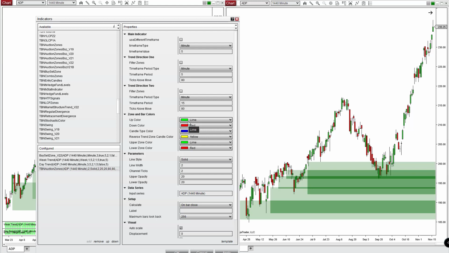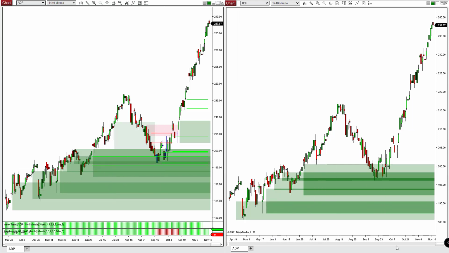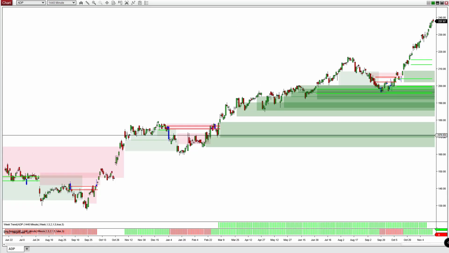So you can color the bars when they're inside of the momentum, or when they're inside of the auction zones, and these bars will change color, showing you where you could potentially take a trade. All right. So okay, let's go ahead and apply this to our chart. And here we go. So you're going to notice we have more zones. So let me expand this chart for us.